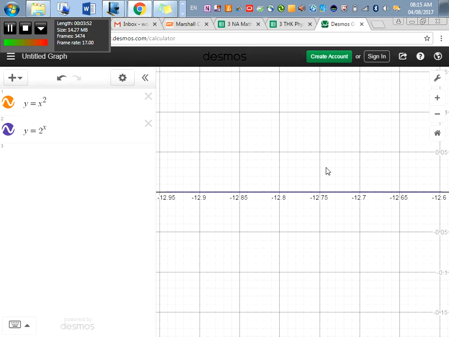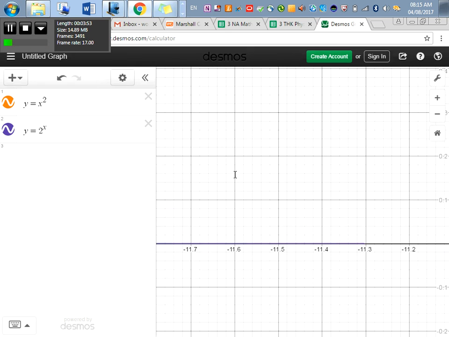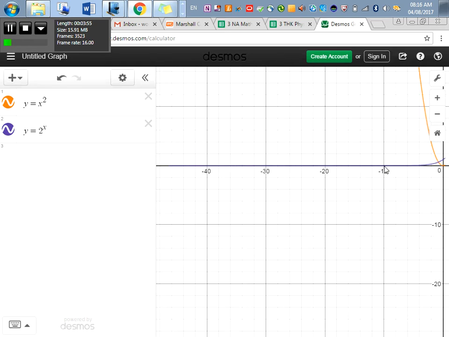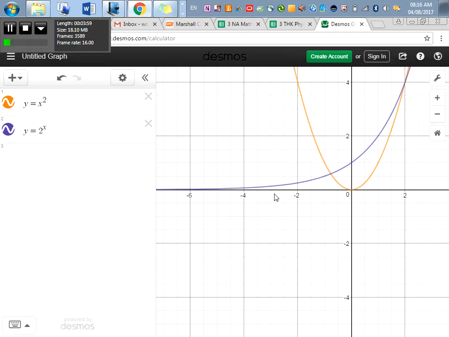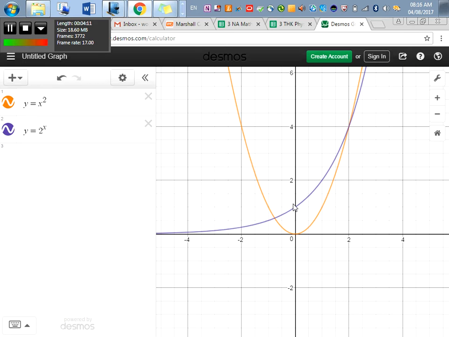Then, when we increase the value of x, it goes up, it cuts through this point, y equals to 1. Because 2 to the power of 0 is equals to 1. So you must cut through this point. Then, it will increase at a faster rate.